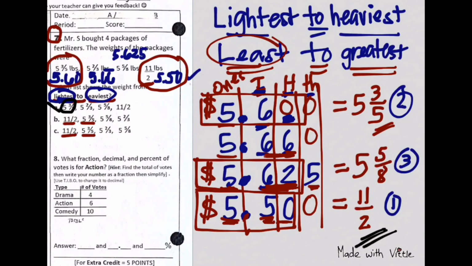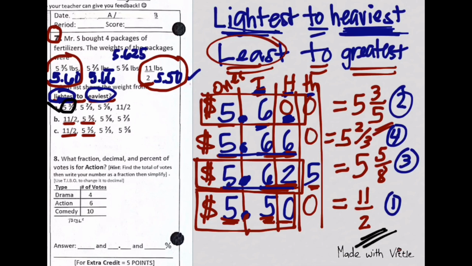Therefore, on our list, the third one listed should be the 5 5/8, which is equivalent to $5.62. And the last one on the list should be the biggest number because we're looking for lightest to heaviest. The heaviest has always the biggest number, and that is going to be our $5.66, which was originally 5 wholes and 2/3.